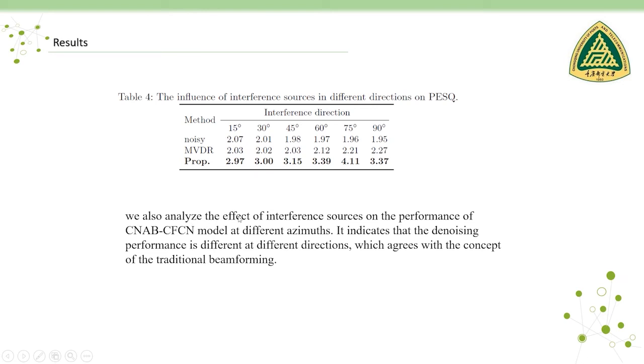We also analyze the effect of the interference source on the performance of the CNAB-CFCN model at different angles. It indicates that the denoising performance is different at different directions, which agrees with the concept of traditional beamforming.